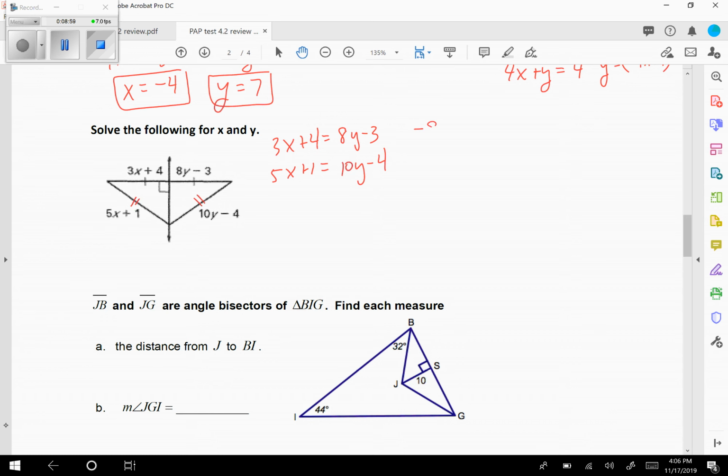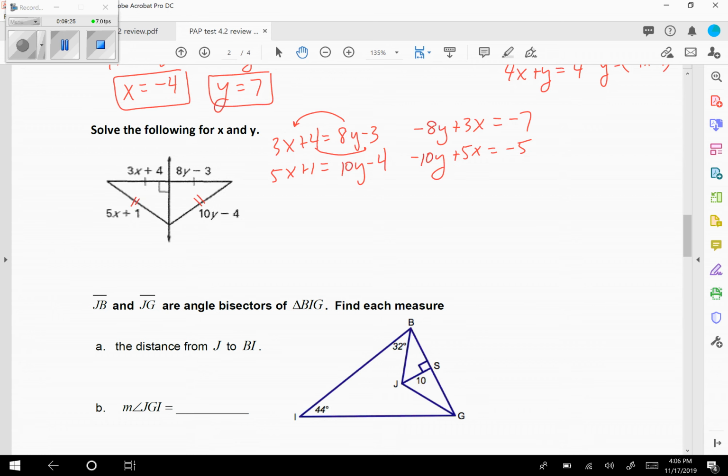So we'll have negative 8y plus 3x is equal to negative 7. All I'm doing is moving the 8y over here and the 4 over there. And same thing here: I'm getting the y over here, and I'm going to put this 1 on the other side. So I have negative 10y plus 5x is equal to negative 5.